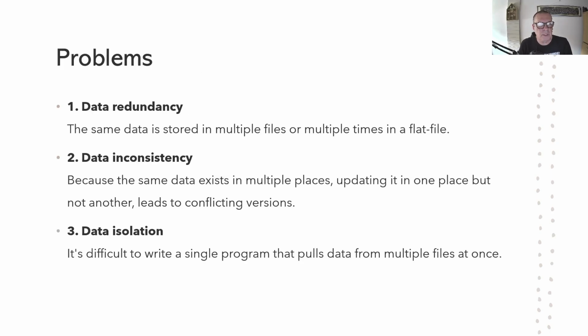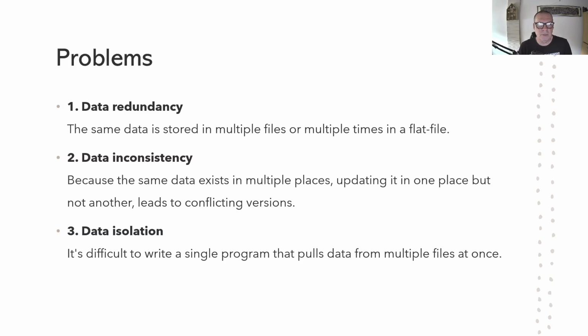So first of all, we get data redundancy. As we saw, we might store the customer name over and over again. So if you're storing any data multiple times, it's data redundancy. We also get data inconsistency because we've got the same data being stored in multiple places.